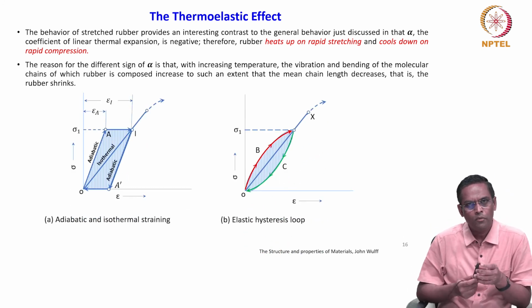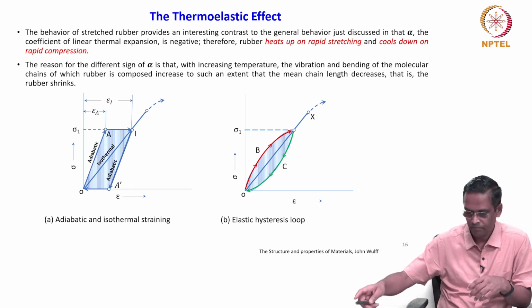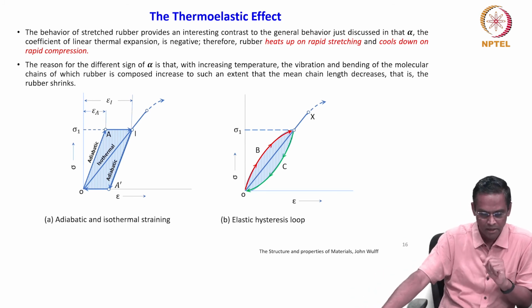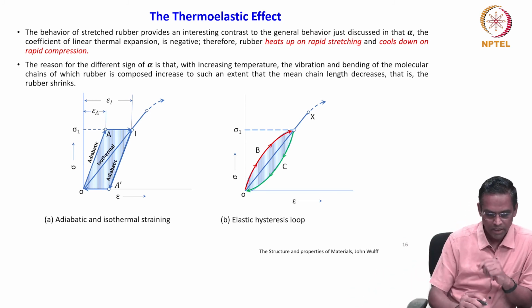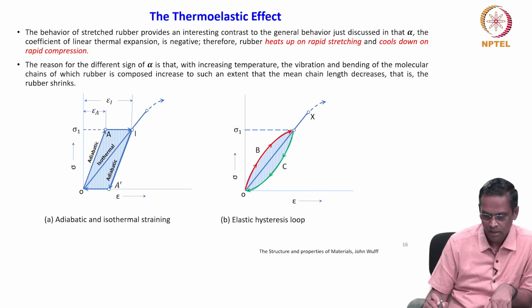Okay, now what we are going to do is talk about this thermoelastic effect in a much more realistic manner, and for that I am just going to describe the two types of stress strain behavior.